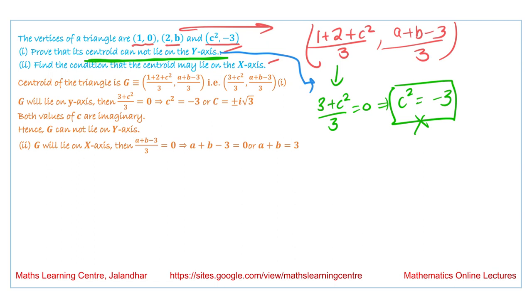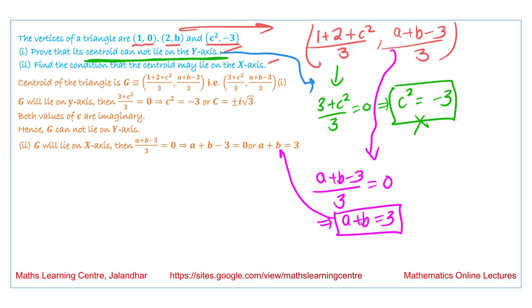In the second part, the condition for the centroid to lie on the x-axis is that (a plus b minus 3) by 3 should be equal to 0. So this implies that a plus b should be equal to 3. So this is the condition that the centroid may lie on the x-axis.